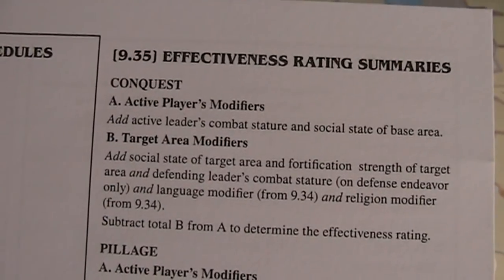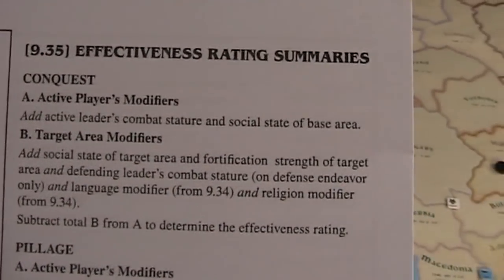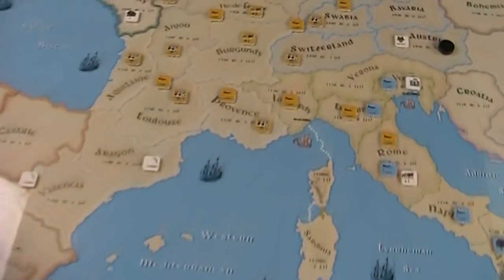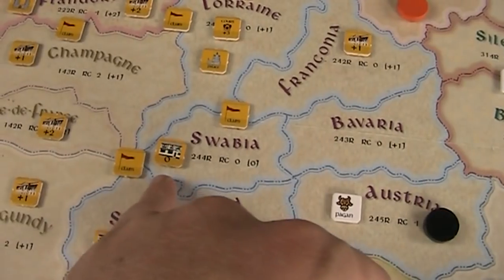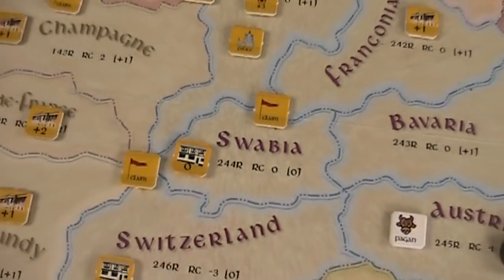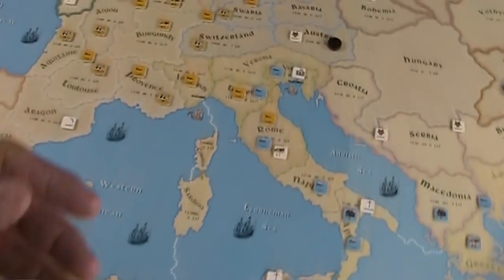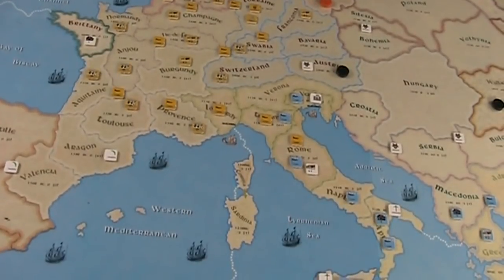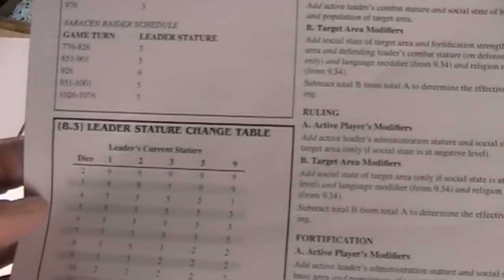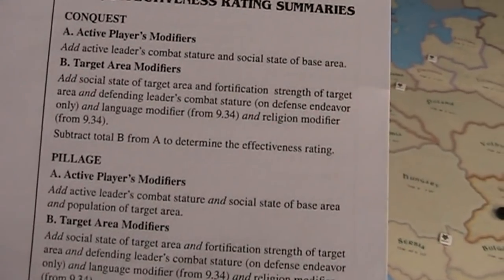So we would add the active leader's combat value and the social state of the base area. Okay, so in this case, if I would do it from Swabia, I would add a 0 to my combat value. So the richer your base area is, the better the odds are that the conquest will be successful, because you simply have more resources right in the background and stuff.